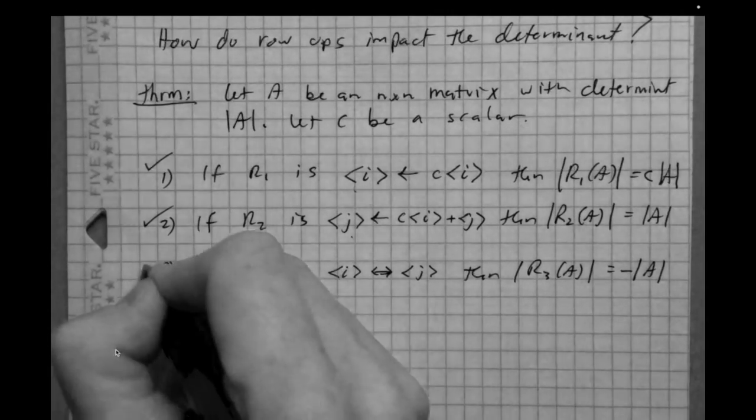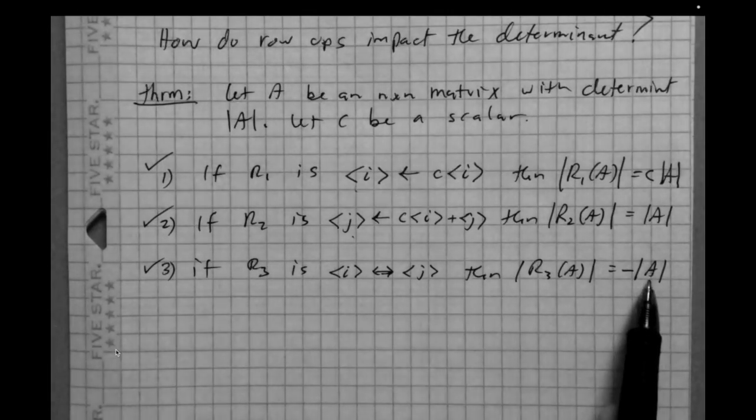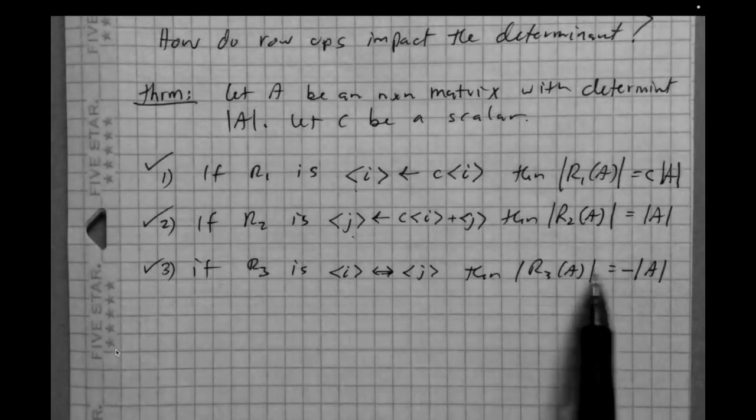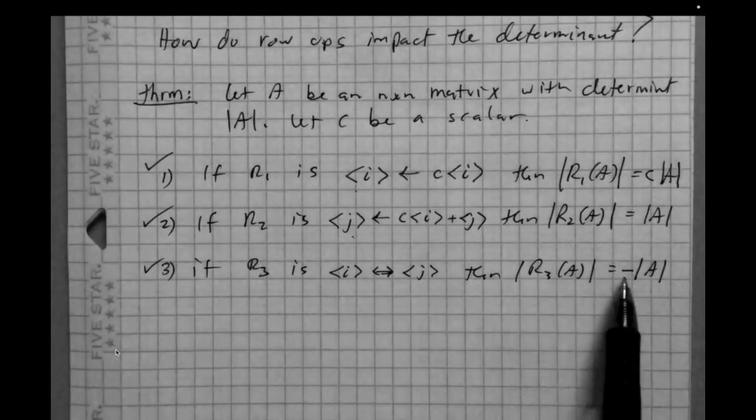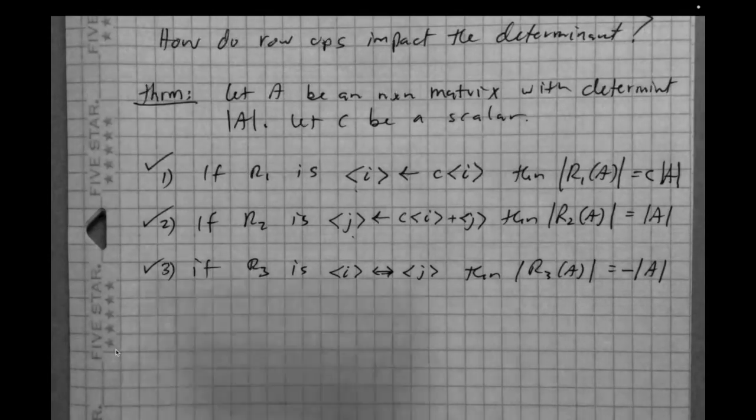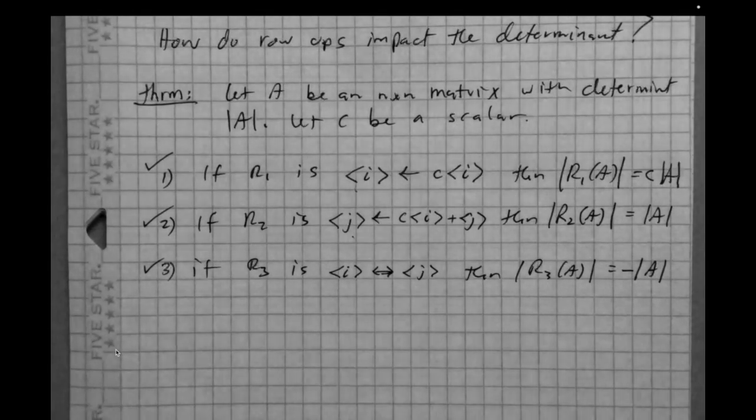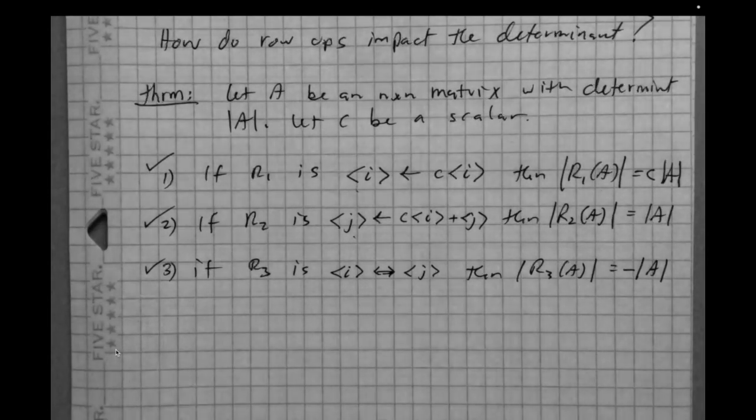And then swapping rows causes the sign of the determinant to flip. Negative, and then another swap makes it positive, and then another makes it negative again. So if you do 2 or 3 row exchanges, you have to keep track of 2 or 3 sign flips for the determinant.